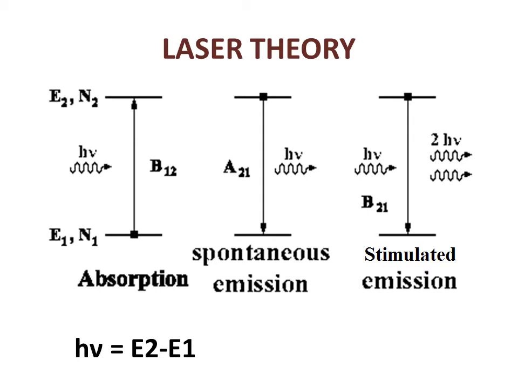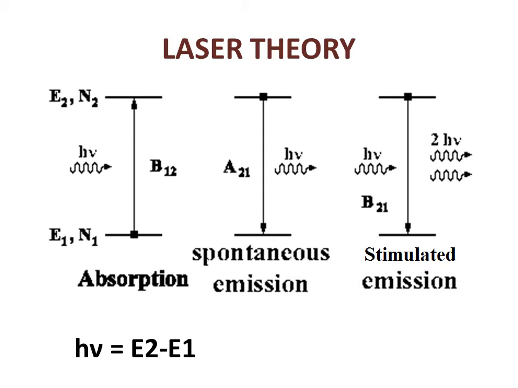When a system is in equilibrium, it means there is no change in population in any level. So when there is an upward transition, there will be an equal number of downward transitions. An atom which is absorbed will result in a reduction in population in the lower level.